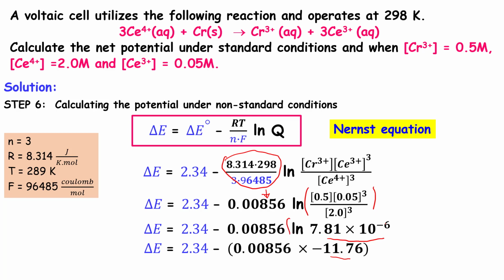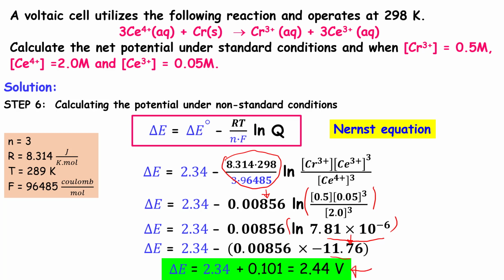And then you multiply all of these things together. You can see that this 0.00856 times negative 11.76 comes out to be 0.101. And 0.101 plus 2.34 is going to give you 2.44 volts. So the delta E, which is the net potential of your reaction under non-standard conditions, is 2.44.